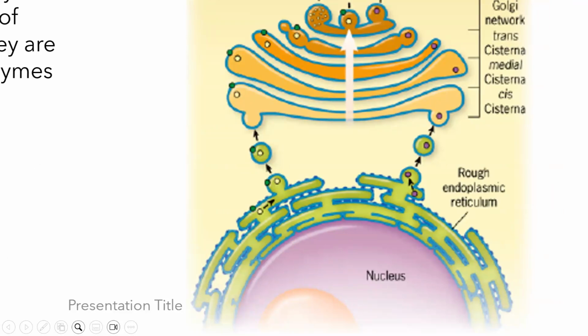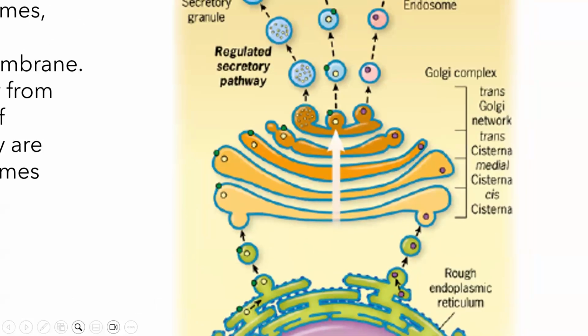The synthesis of any protein usually occurs via the central dogma. You have the transcription of the gene into mRNA, and then translation of the mRNA to the protein, and that happens in the rough endoplasmic reticulum. So it travels via vesicular transport to the Golgi complex.